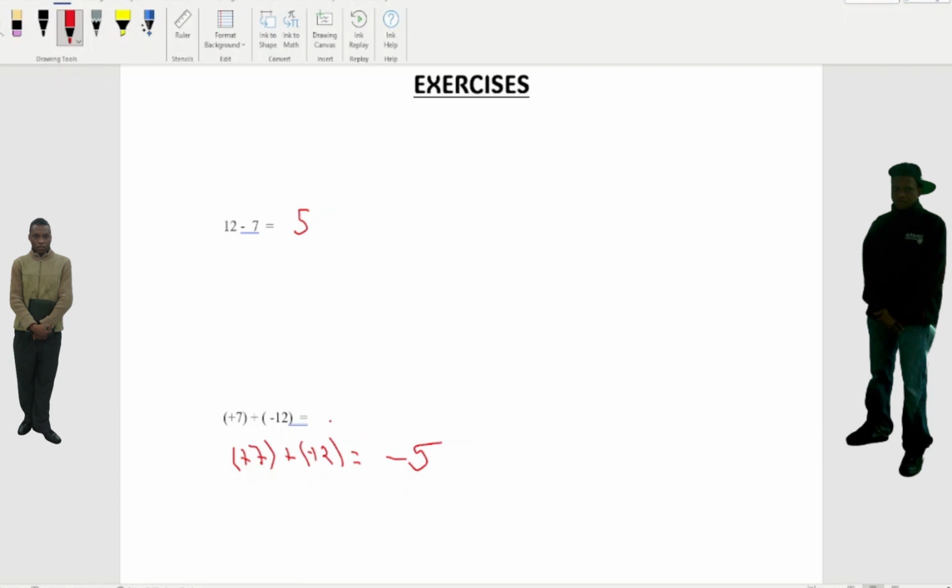Okay, so the answer here is gonna be minus 5. This is the right answer.